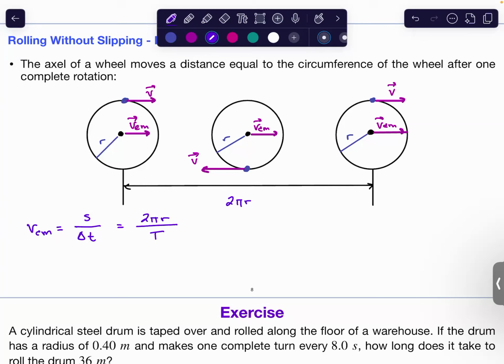So we also know that our angular speed omega equals 2 pi over T. And so the velocity of the center of mass is 2 pi over T times r, which equals omega times r.